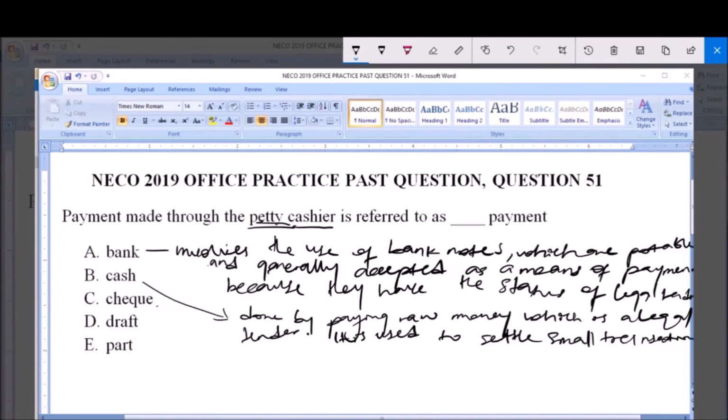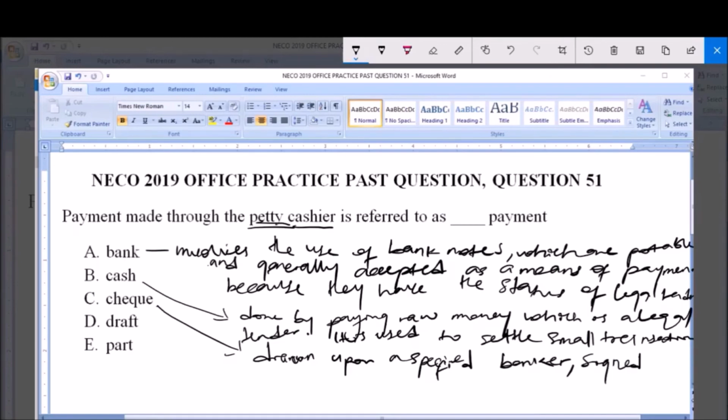Now option C says check. Check is an unconditional order drawn upon a specified bank. That is, each bank has its own check. It is drawn upon a specified banker, signed by the maker.